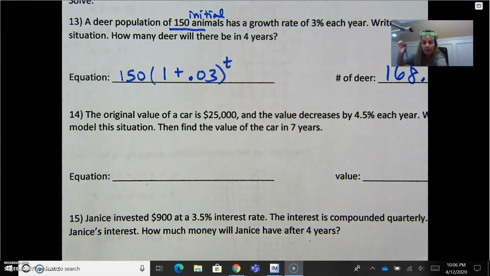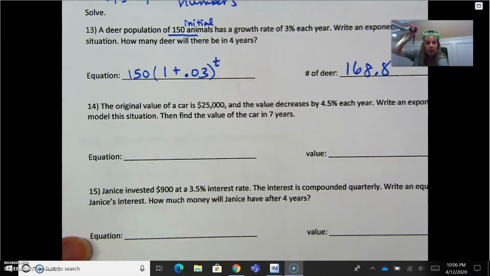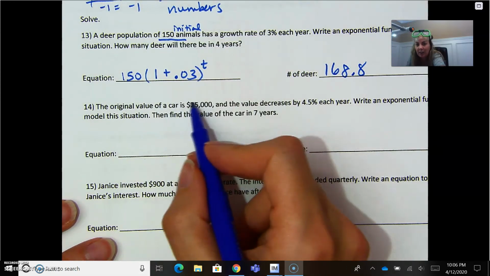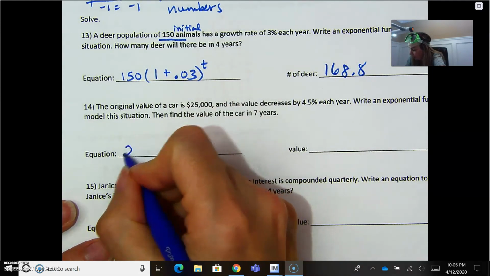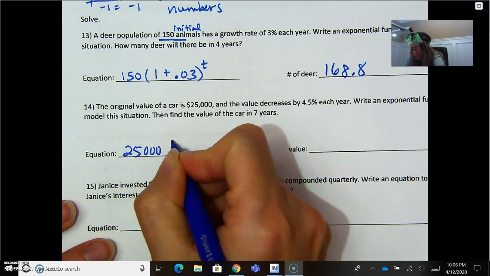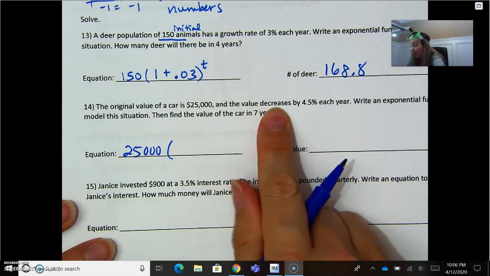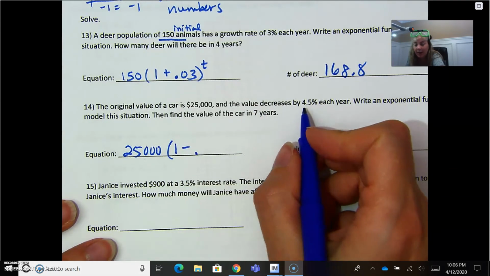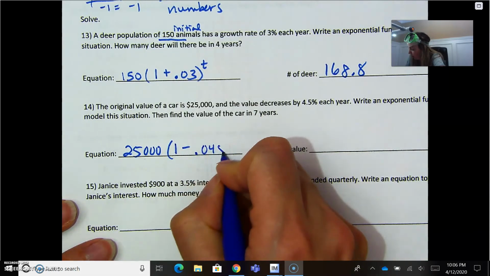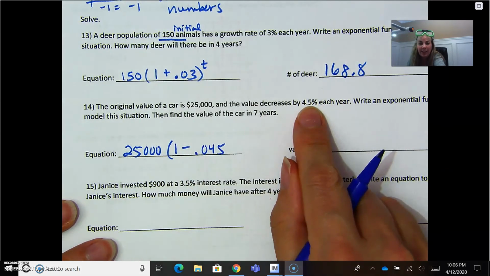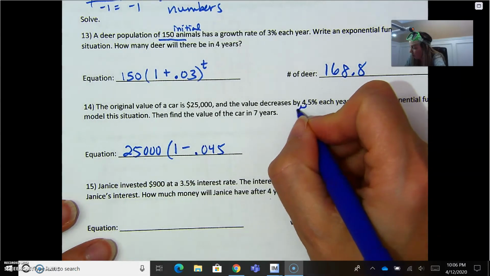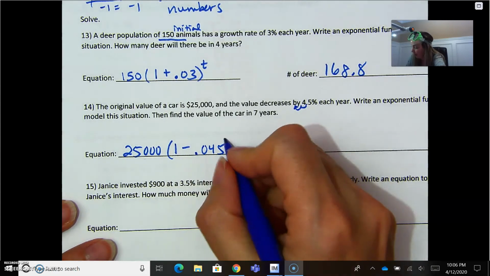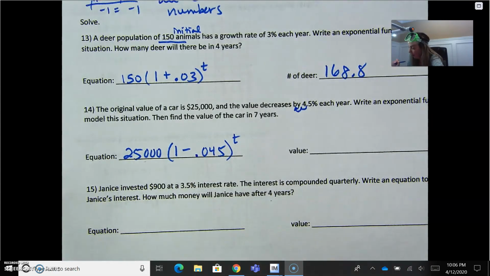All right. Check out number 14. The original value of a car, right? That's your initial value, your principal. So that's what our equation starts with. Ooh, it's decreasing this time, so we want to minus the rate. So minus 0.045. Remember, when you drop the percent, you move your decimal over 2 places. So that's why this becomes 0.045 to the power of time.